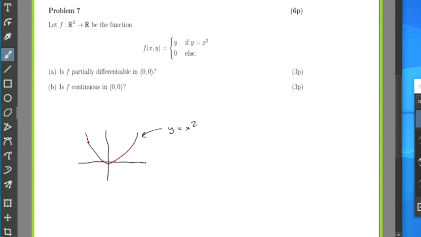In such a point, it then gives us the value of the y coordinate. So on the red line, f of x, y is equal to y. However, if we're not on that line, it simply gives us 0.